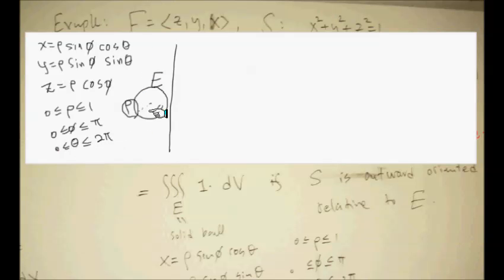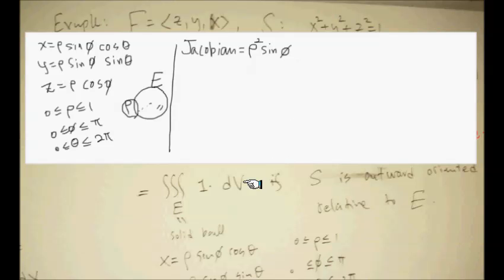Rho is varying from 0 to 1, phi is covering everything from 0 to pi, and theta is 0 to 2 pi. Therefore, we have to calculate under this change of variable the Jacobian, and we can rewrite this integral in terms of rho, phi, and theta. The Jacobian under this standard spherical coordinate change of variable is rho squared sine phi.